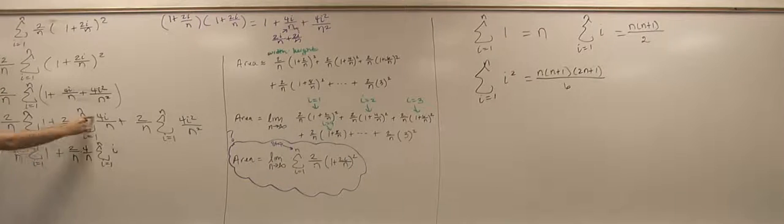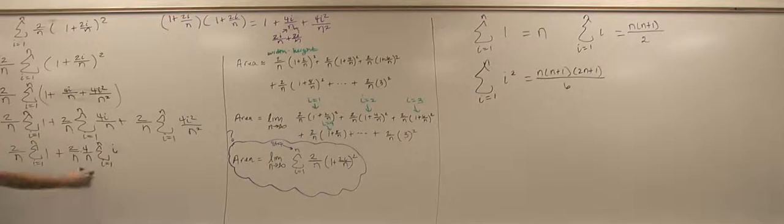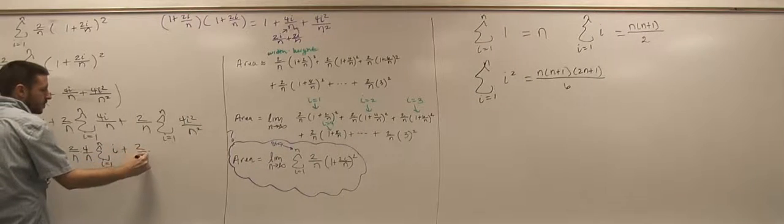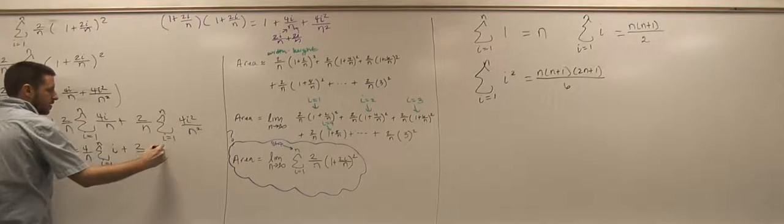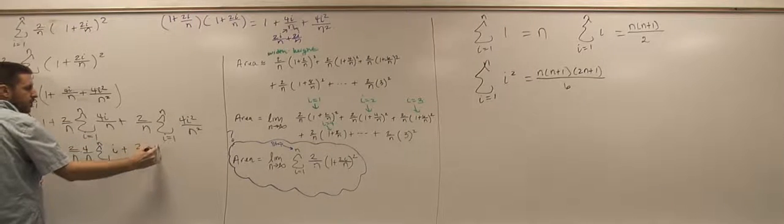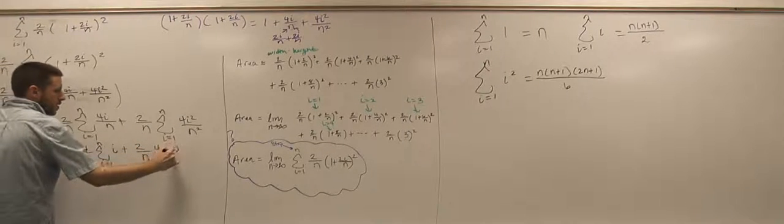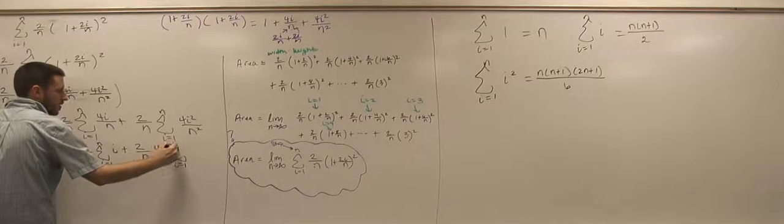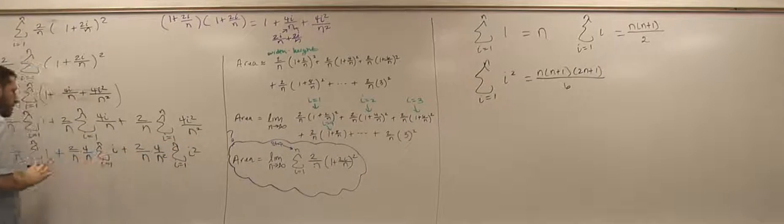Right, if I take out the 4 and I take out the n, I'll just have i left. Same thing here. What comes out here? 4 over n squared. And each one of these I know.